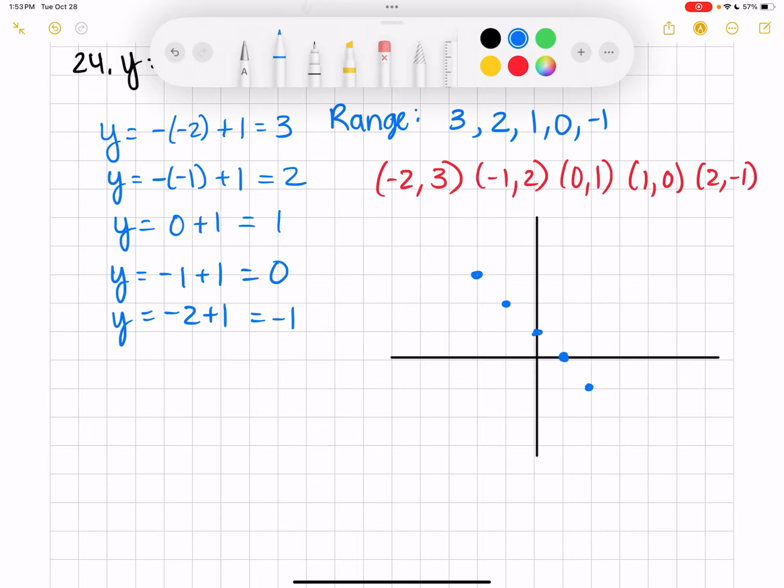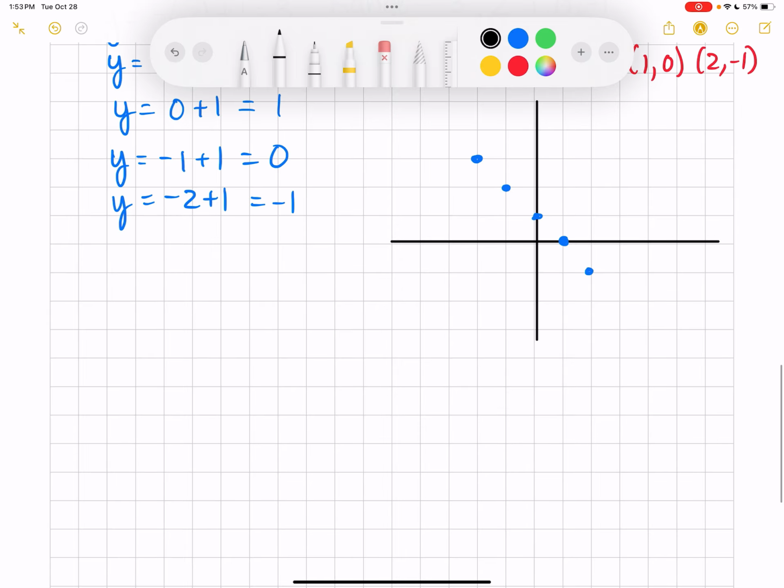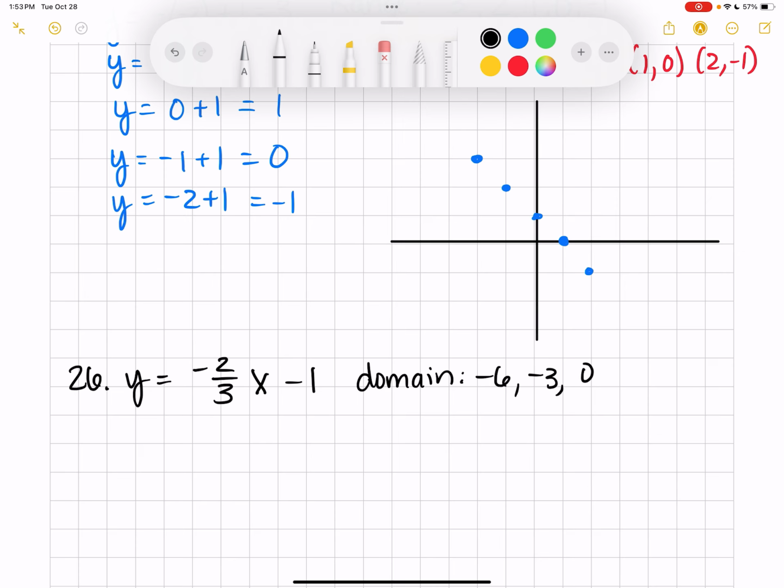All right, I'm going to do one more of these, and then that's it unless y'all have questions. 26, y equals -2/3 x minus 1. The domain is -6, -3, 0, 3, and 6. I'm going to be finding my range values here for each of these.